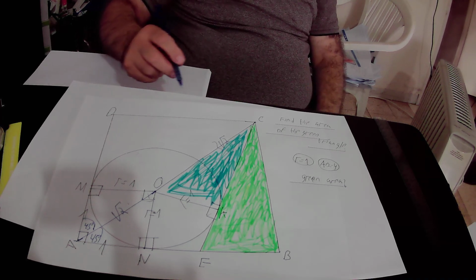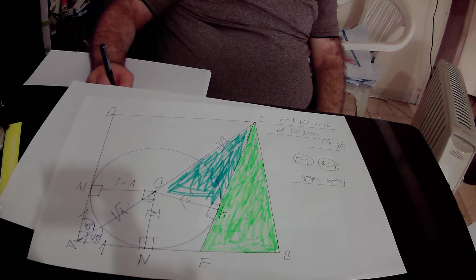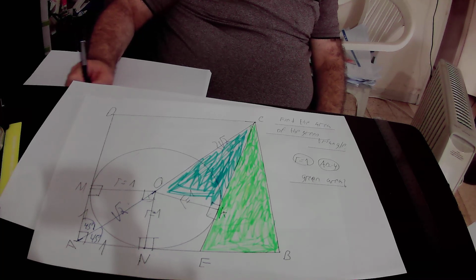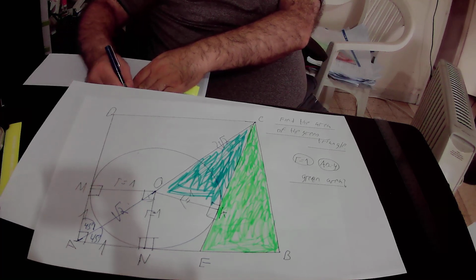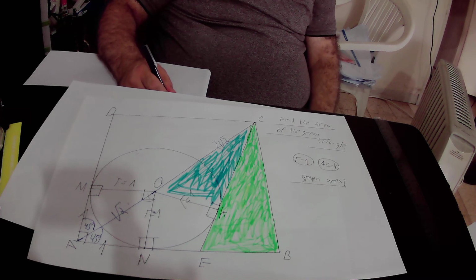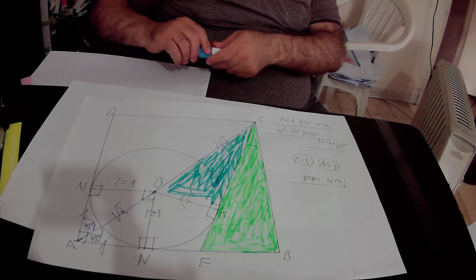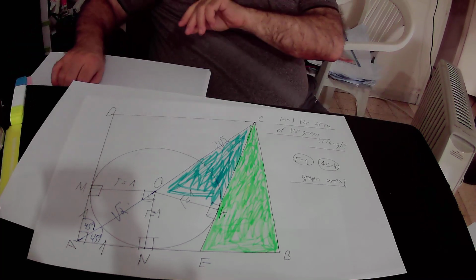According to the Pythagoras theorem, in the right triangle COK, the square of the hypotenuse equals the sum of the squares of the perpendiculars. It is true in any right triangle, and especially in the right triangle COK.